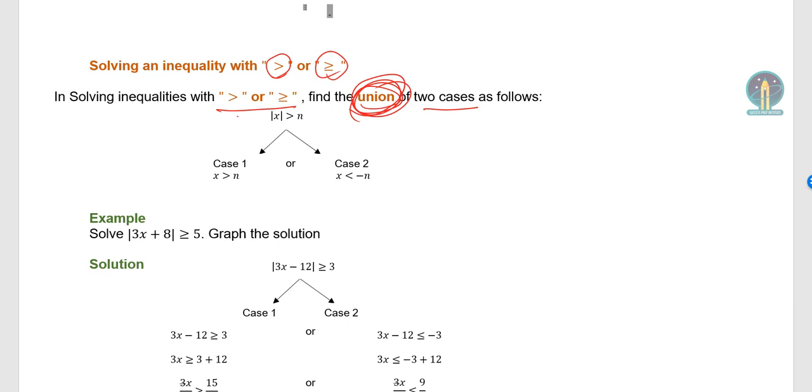So let's look at what we would have. If we had absolute value of x is greater than n, some number, we break it down to the two instances, right? x is greater than n and x is less than negative n. Okay, just like we had before.